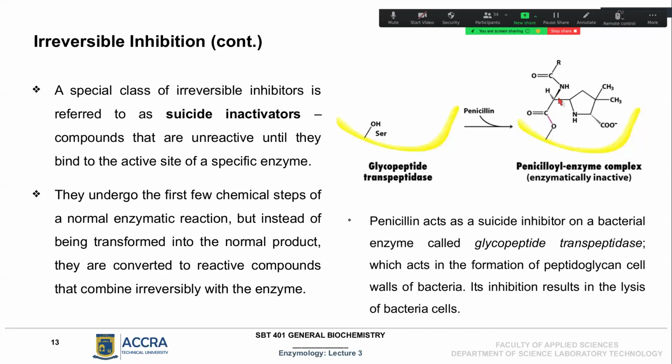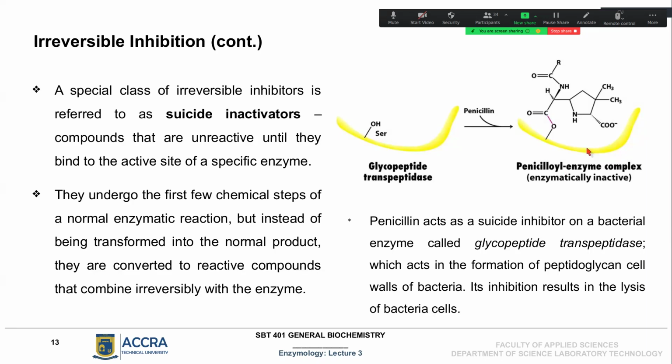That is a covalent interaction between penicillin and the enzyme, and by that rendering the enzyme inactive. If the enzyme is inactive, it means the enzyme cannot act in that process of synthesis of peptidoglycan, which is the cell wall of bacteria. And that, of course, will result in a bactericidal effect, or let's say lysis of the bacterial cells, the breakdown of the bacterial cells.